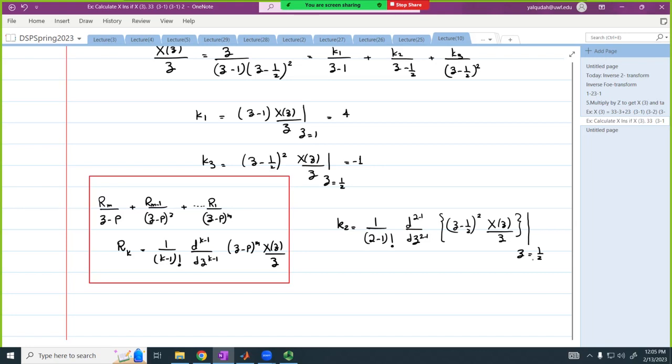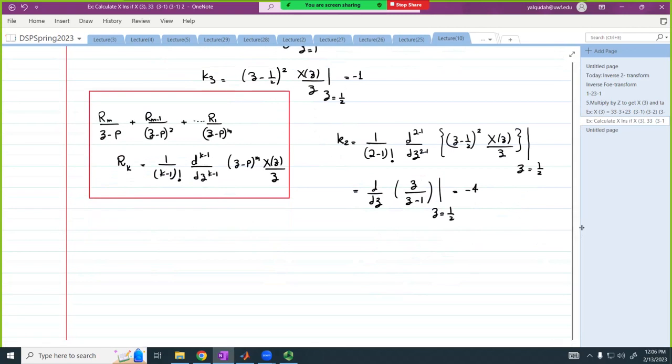Okay, so if we do that, this is going to be d by dz of z divided by z minus 1 when z is equal to 1/2, and this is going to give me a negative 4. Together? Everybody? Okay.